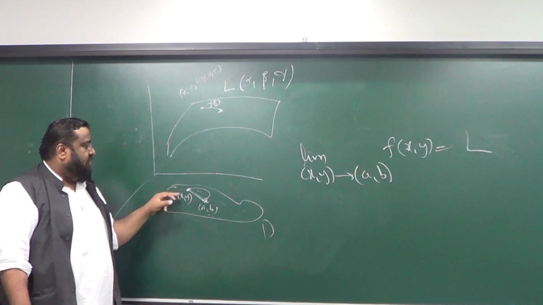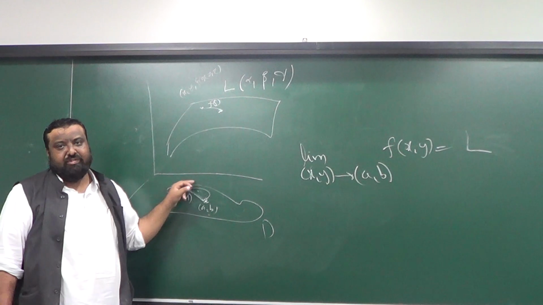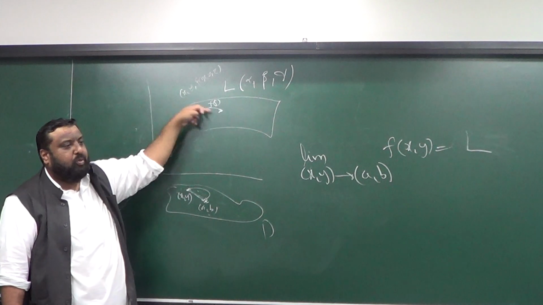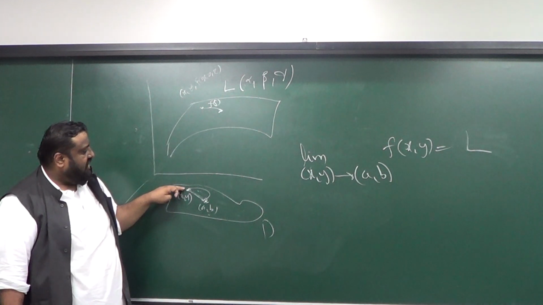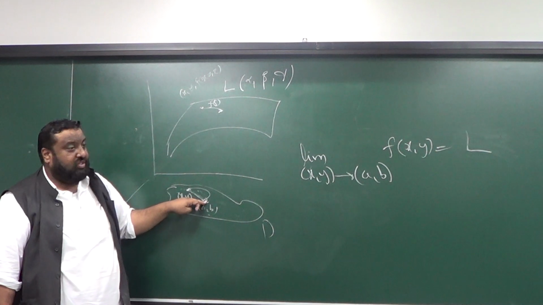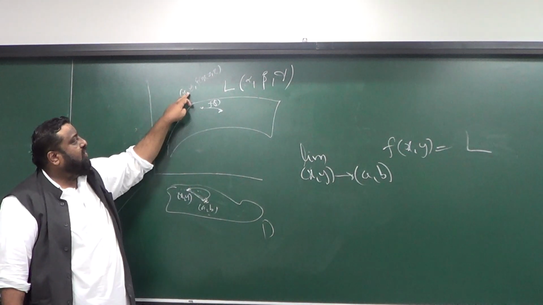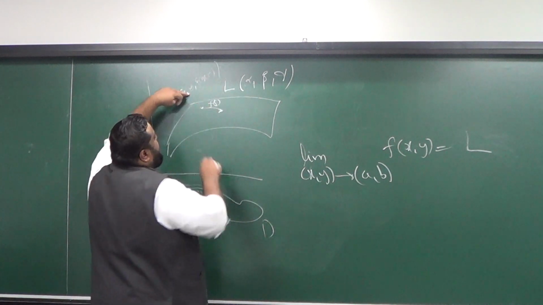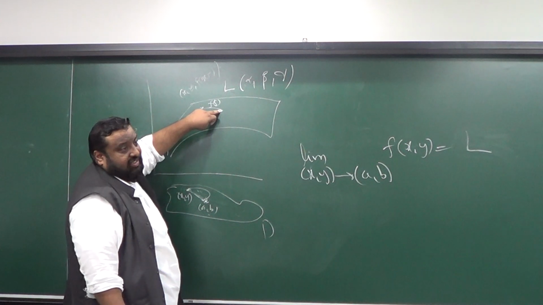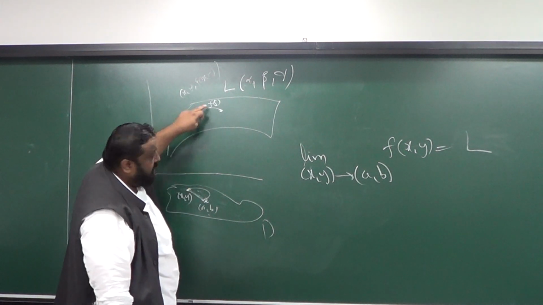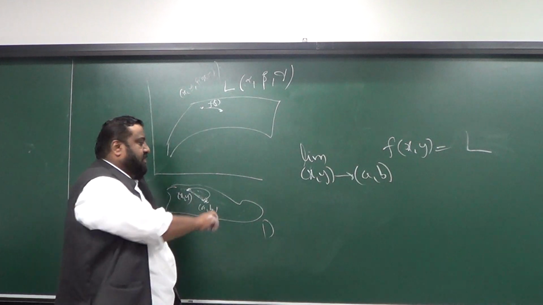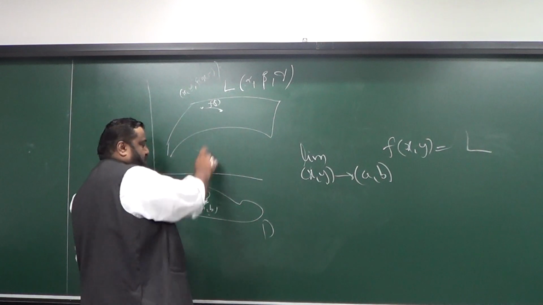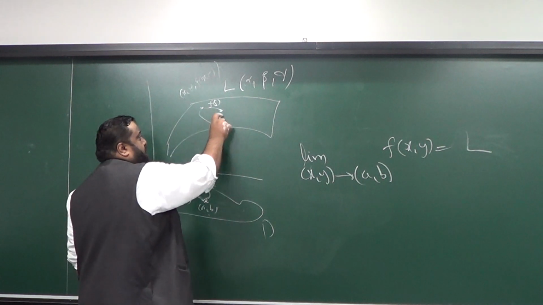From this point to this point, you can reach through many different paths. If this is a path, this path is going to have an output path here. So as (x, y) is getting closer to (a, b) using this path, f of (x, y) is going to get closer to this L, using the output of this path. And no matter what path you choose to reach from here to here, we're going to have some path here maybe.